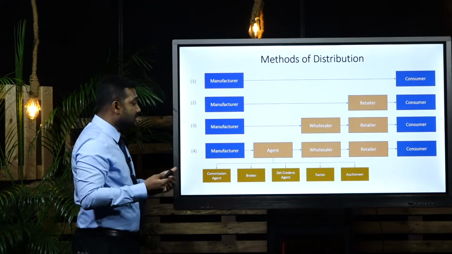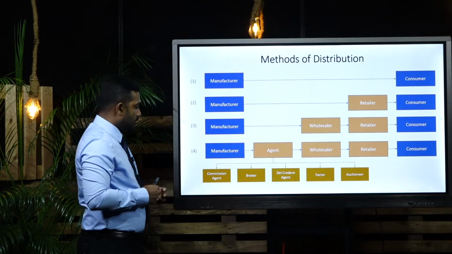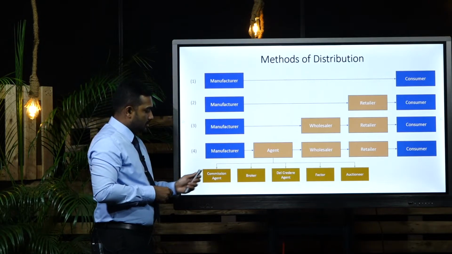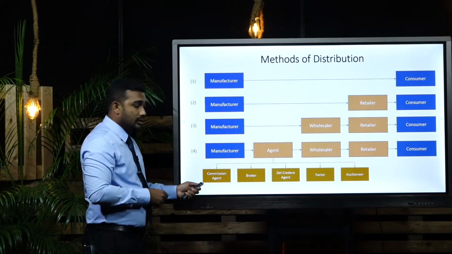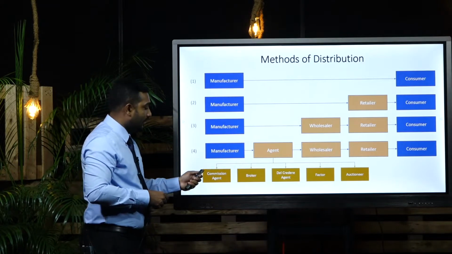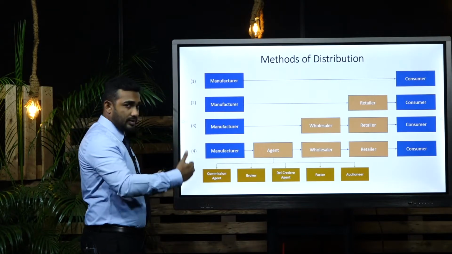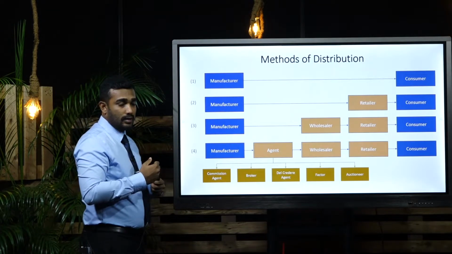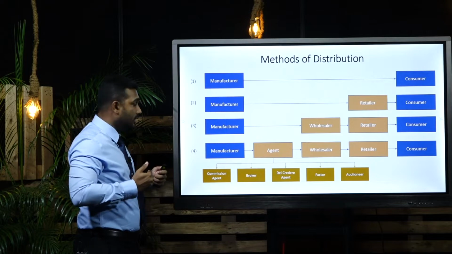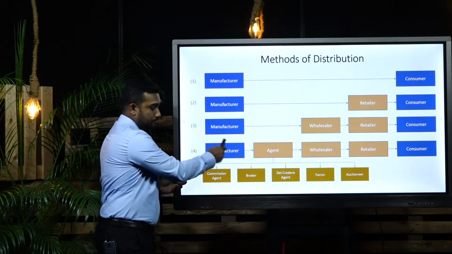By providing such a service, the commission agent will take a commission. Why? Because they are providing a service where they are acting on behalf of the manufacturer.